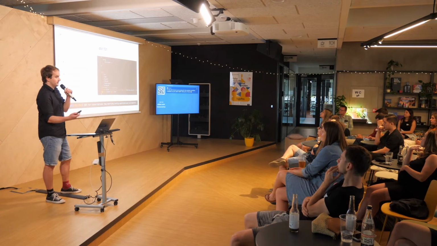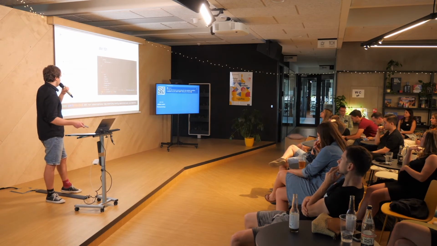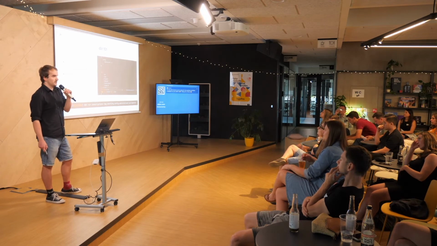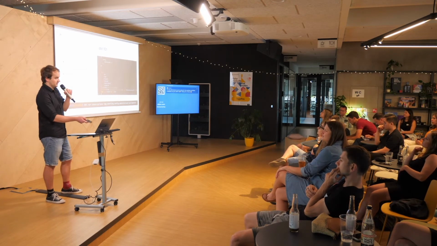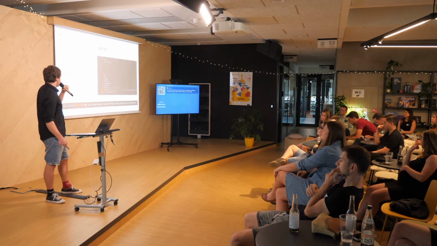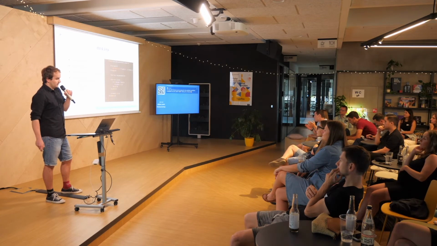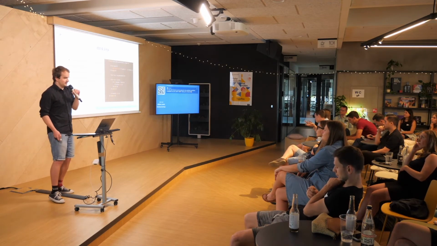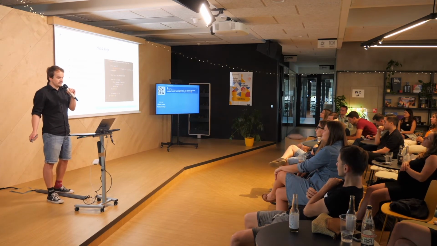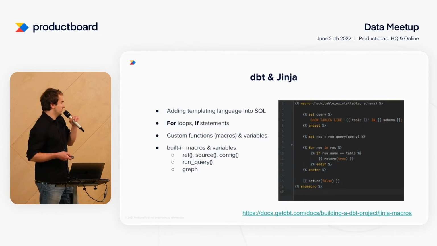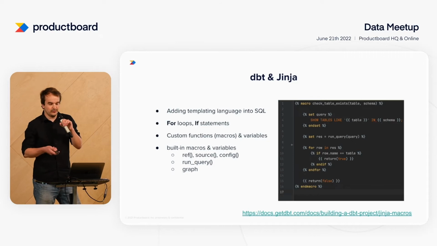And then I said that it's mainly a CLI tool, so we run the models by running the dbt run command. We can specify the model's name, or we also can build some more complex selectors. In this case, you can see that we can use some tags and other config parameters, for example. More about Jinja. It supports for loops, if statements, and it's basically adding programming support to SQL.